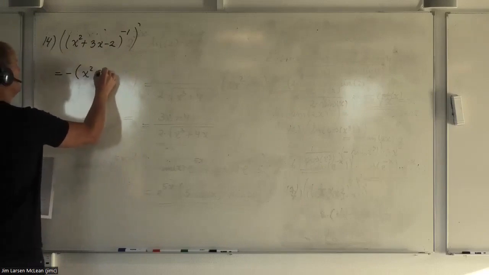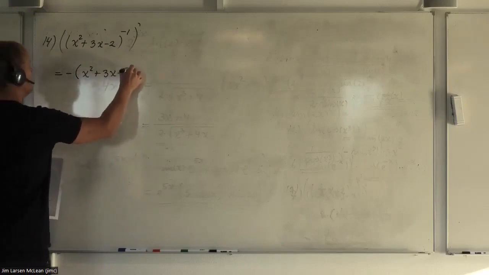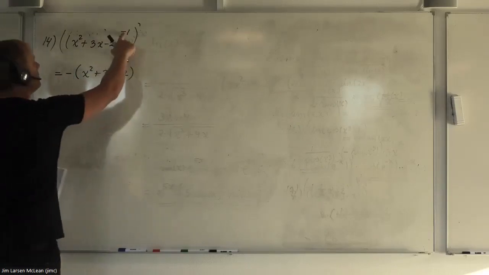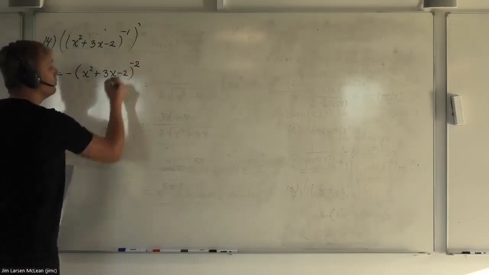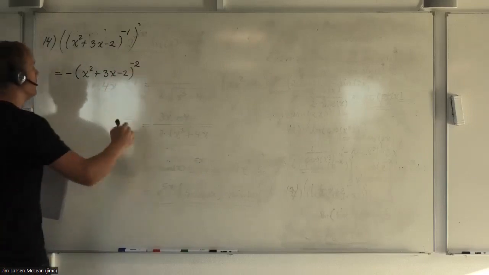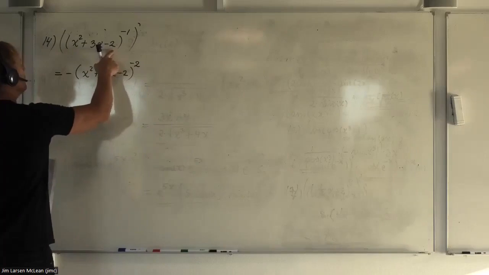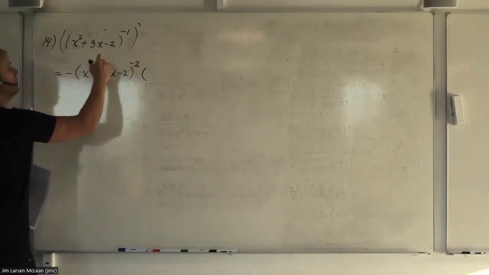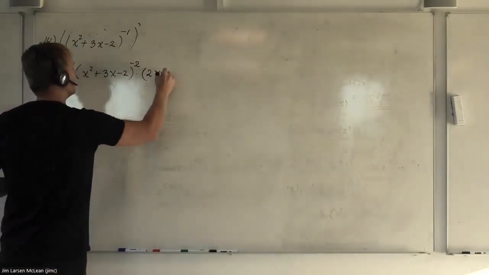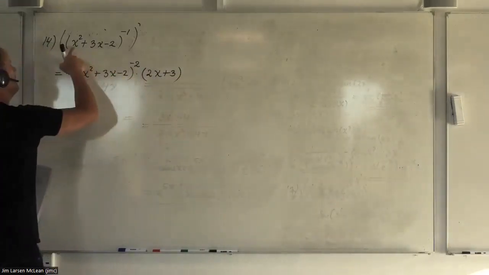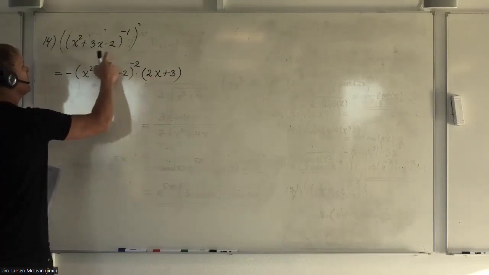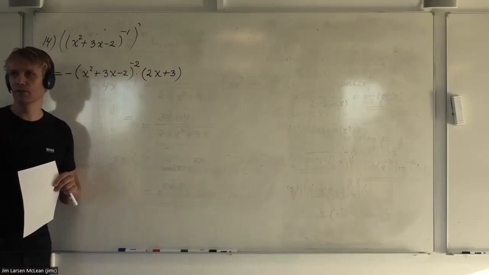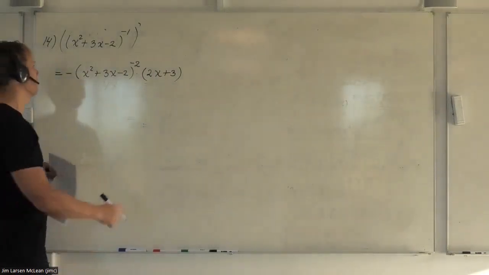And here it actually says minus 1, but I didn't feel like writing it. I'll just write minus. And then I need to raise it to an exponent which is one less, so it has to be minus 2. But I'm not done because this is a composite function. So I must remember to multiply with the derivative of the inside, and it'll be 2x plus 3. Because x squared differentiated becomes 2x, 3x differentiated becomes 3. Minus 2 differentiated gives 0. As it's a constant on its own, it disappears. So that's the answer.